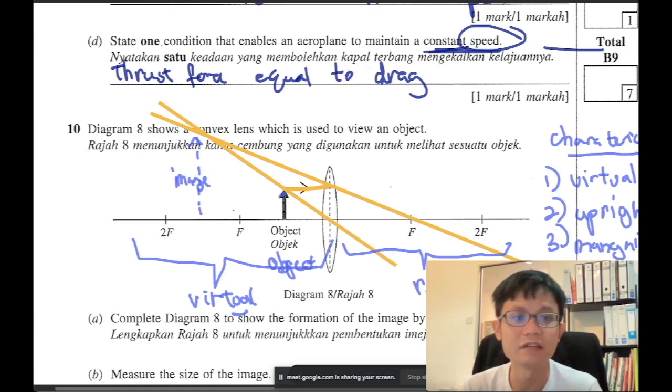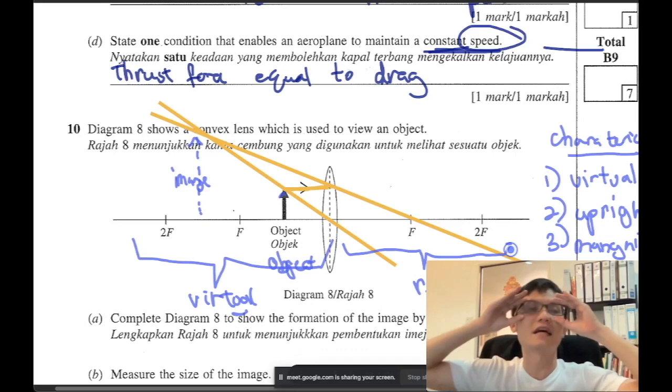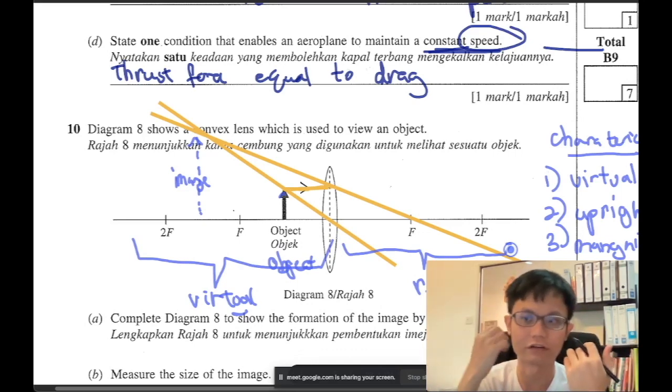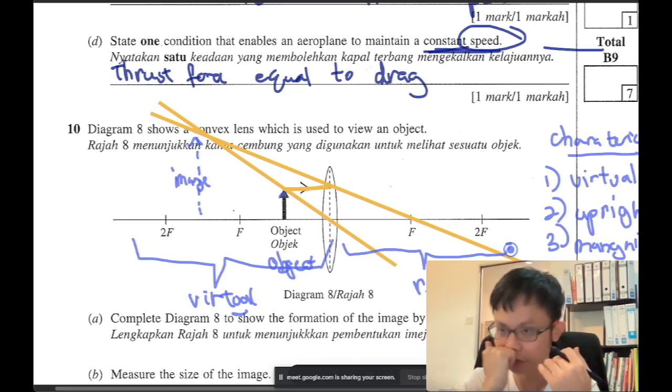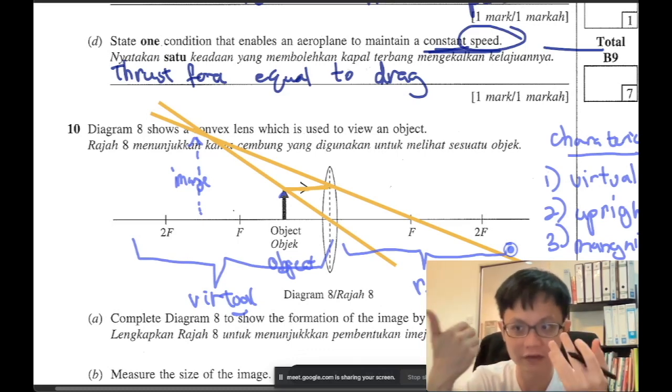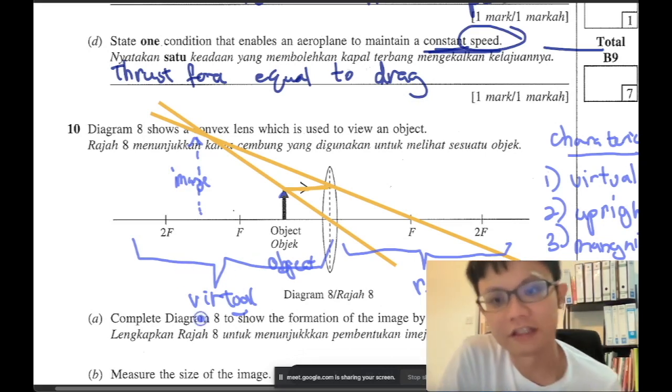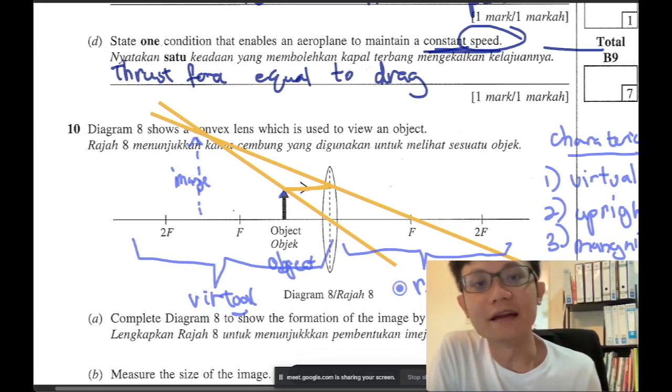For virtual, we don't think the image is on the screen, for example when you wear the metaverse headset or 3D glasses. It is like 3D. So this is the difference between virtual and real.